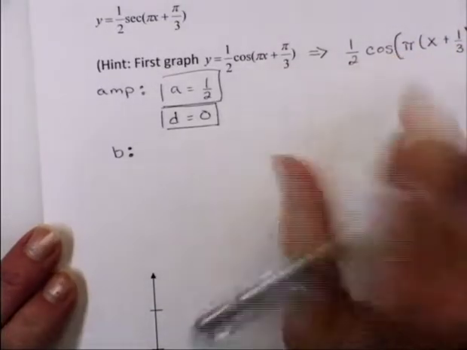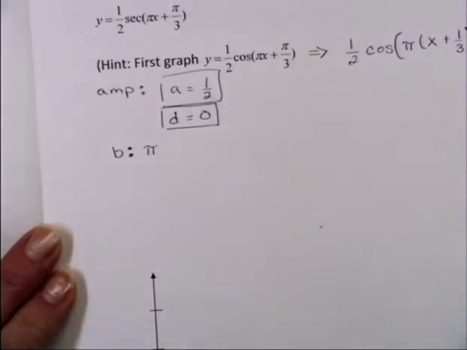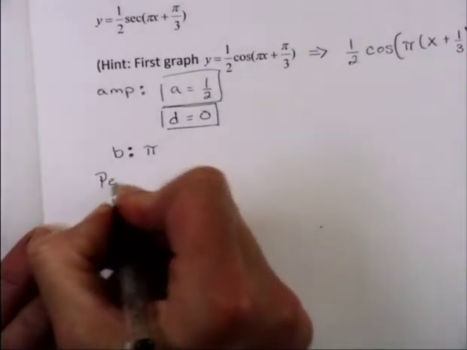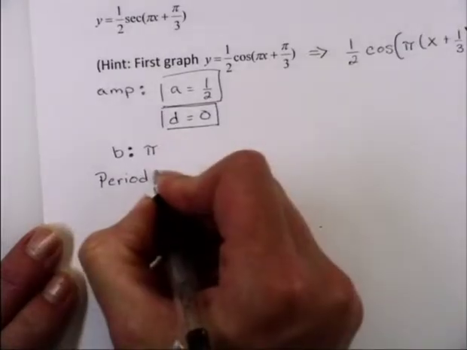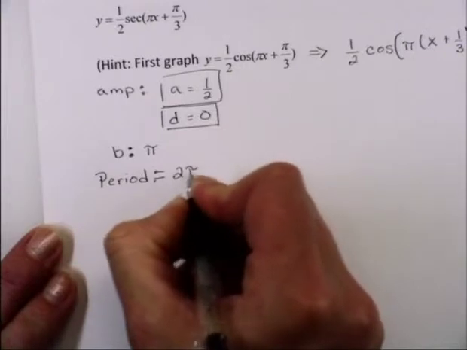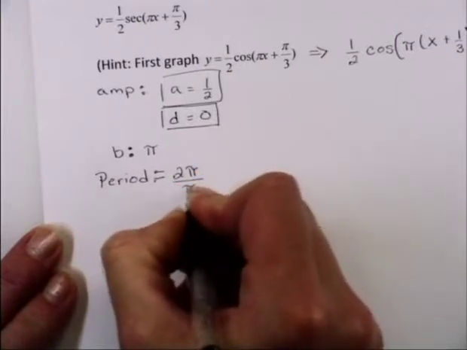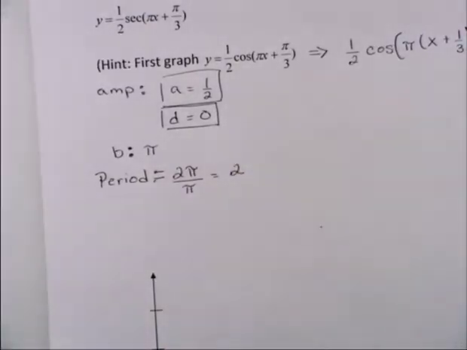All right, so B is pi. Let's go ahead and find the period. Okay, period we know is 2 pi over B. So my period is just 2. So everything so far is exactly the same.